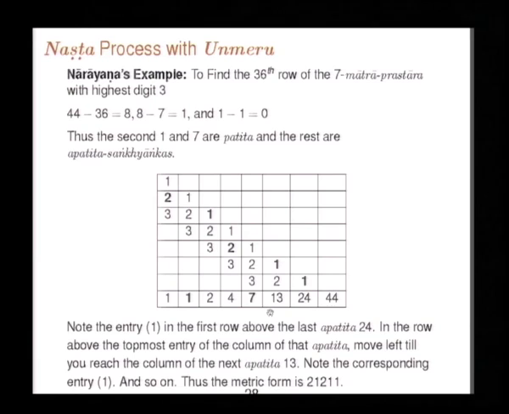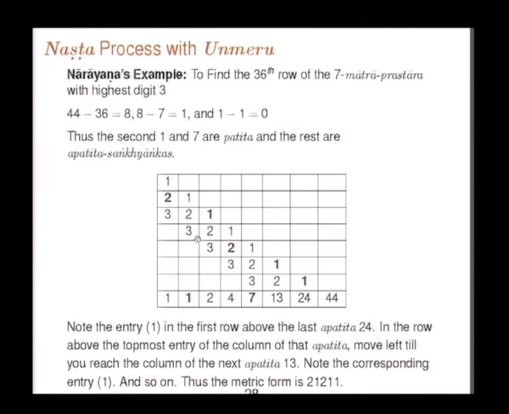sankhyankas. Okay. Now, you start with the first apatita sankhyanka, go up, mark the first entry that comes there, then go to the top of that row, go left, reach the next apatita sankhyanka, mark that number there, go to the top of that, go to the left, reach the next apatita sankhyanka, mark the number there, go to the top of that, go left, reach the next apatita sankhyanka row, mark that, go to the top of that, go left, mark whatever you get in the next apatita sankhyanka.